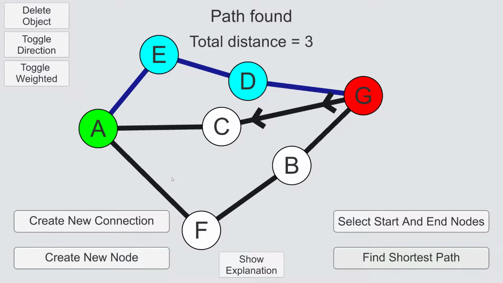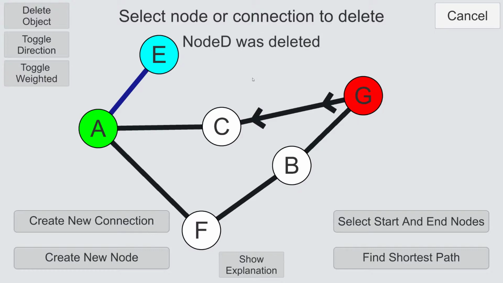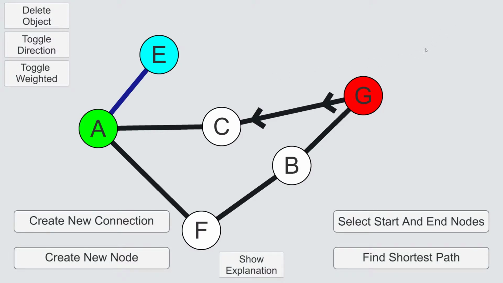Finally, nodes and connections can be deleted using the Delete Object button. This is also taken into consideration when the pathfinding is executed again, as the path is now forced to take this longer route.